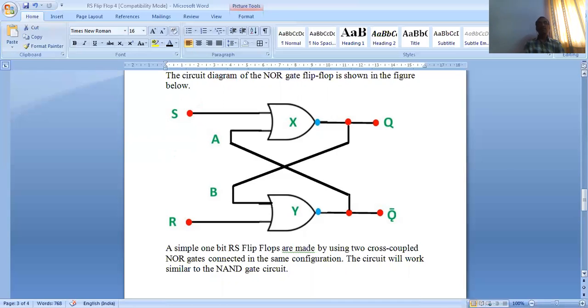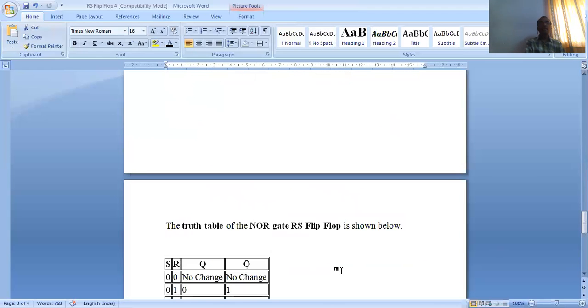In this case, when R equal to 0, S equal to 0, there is no effect of these inputs on the upper NOR gate X or the lower NOR gate Y. Therefore, the output of the RS flip-flop remains in the no change state, or last state. Understand?